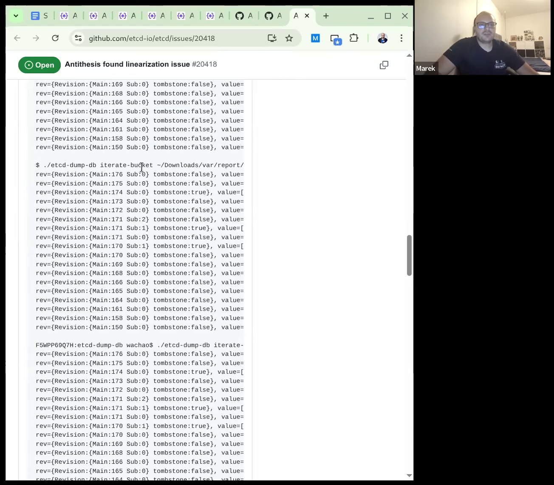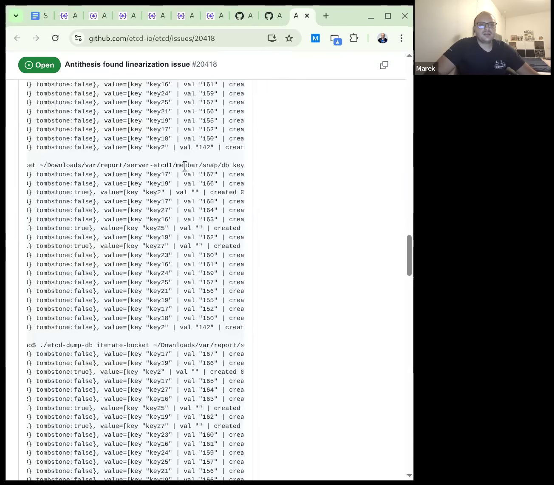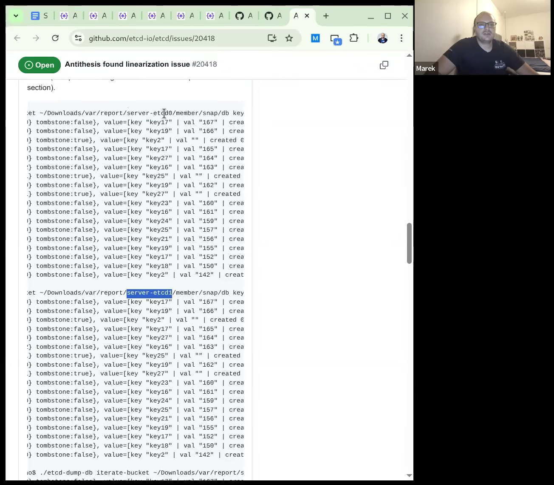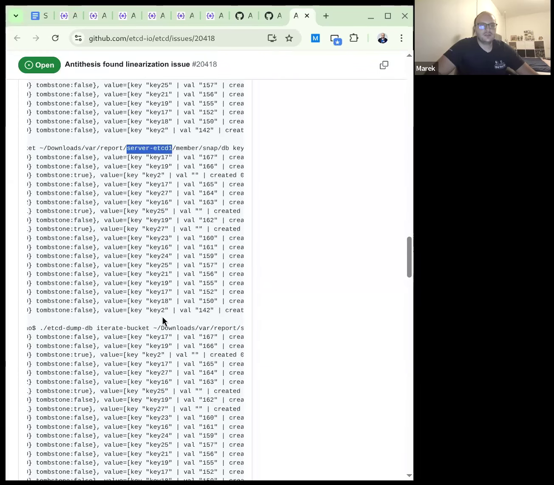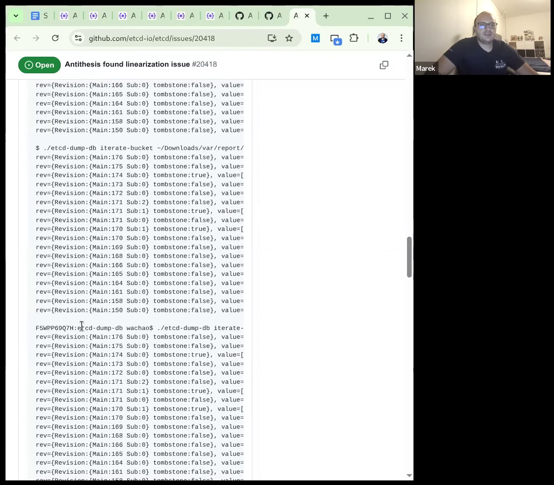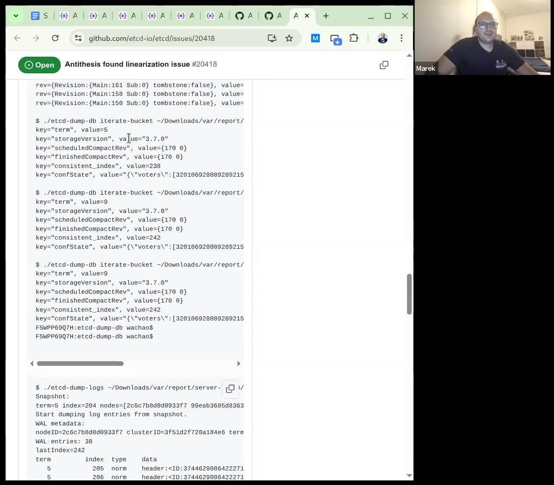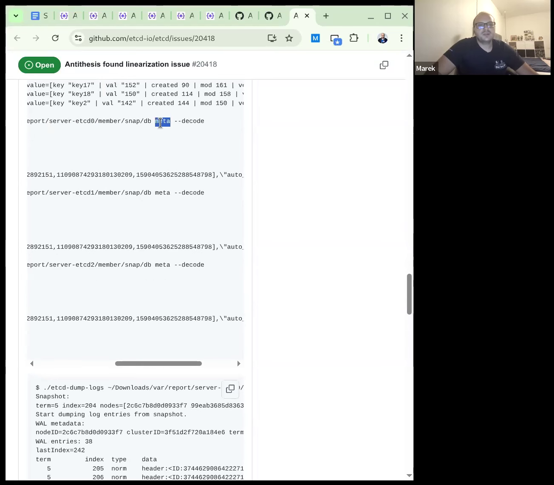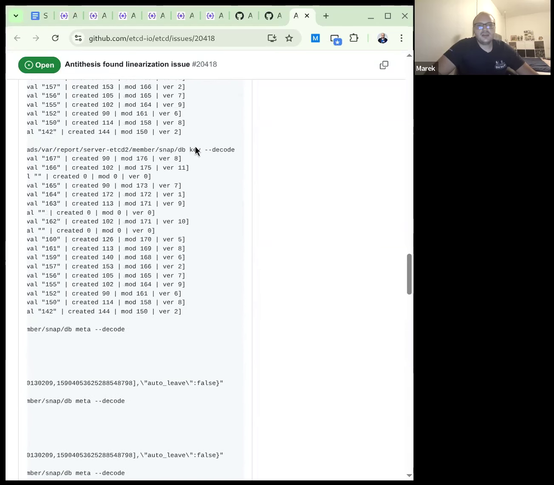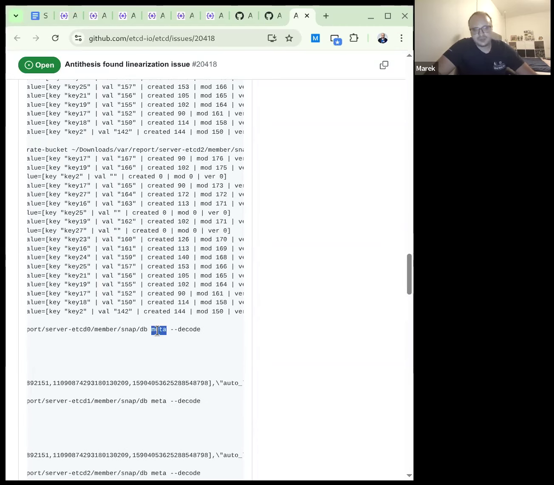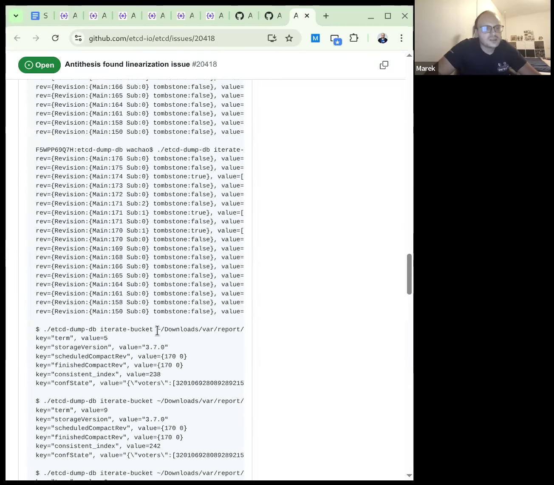For each separate etcd instance, here is server etcd0, etcd1, etcd2. Those are dumps from the three etcd instances. This is the key information from the database. This is the metadata information, the meta bucket.